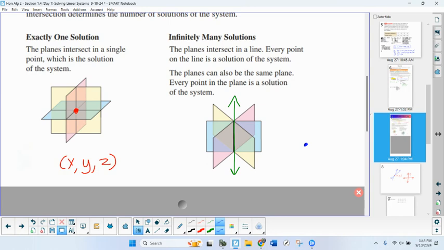You could not say all real numbers because all of the points along these coinciding lines are solutions, but this point right here is not a solution. It's just that this point is, and this one is, and there's infinitely many that are on these 2 lines, but that one's not. Same thing here. It's infinitely many.